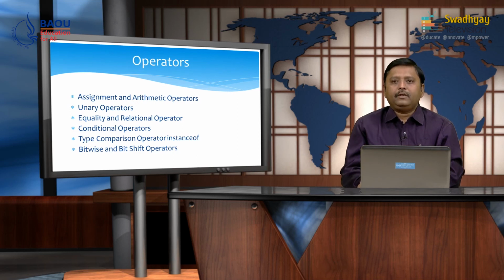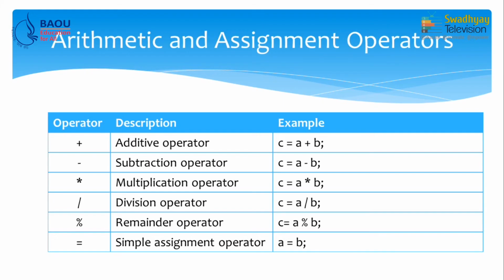We start with arithmetic operator and equality operator. In arithmetic operator, we have operators such as addition, subtraction, multiplication, division and remainder. Now, last operator is assignment operator, which is used to assign one value to another value.